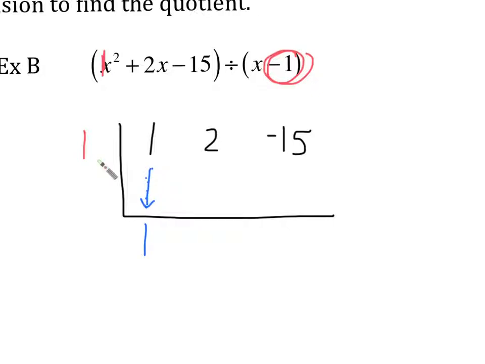Now we multiply this 1 on the outside times this 1 down here, and I write the answer under the 2. So I get a 1 there. Now, of course, I add down. 2 plus 1 is 3, and I begin my rhythm again. 1 times 3 is 3. Add down, negative 15 plus 3 is negative 12.